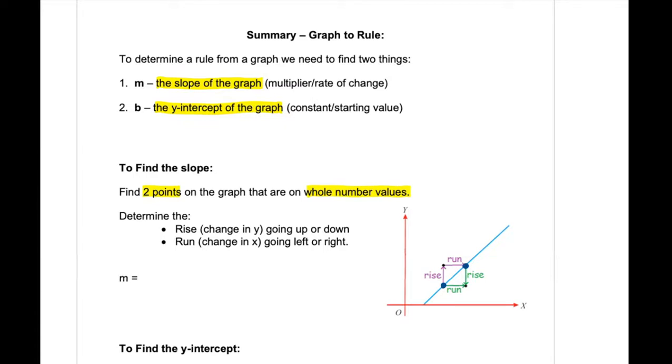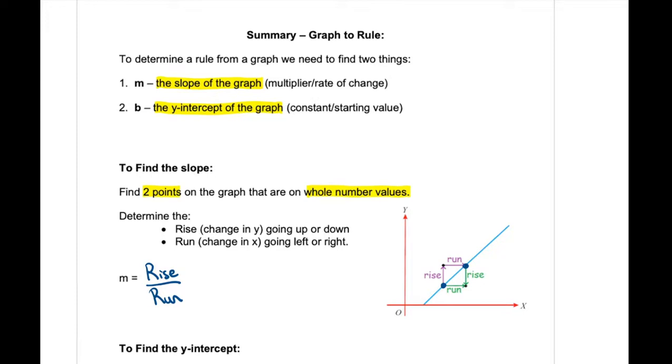The reason we find our rise and run is because that's going to tell us what our slope is. So in this case, our m, or our slope, is going to equal rise over run. So now we have a new definition or a new term for our m, or our multiplier.